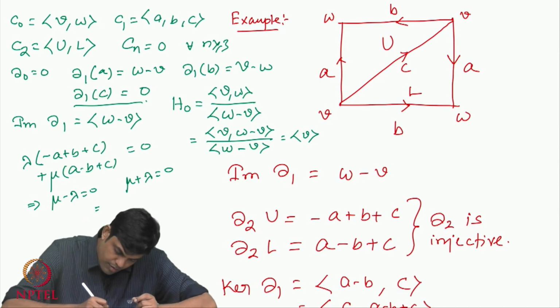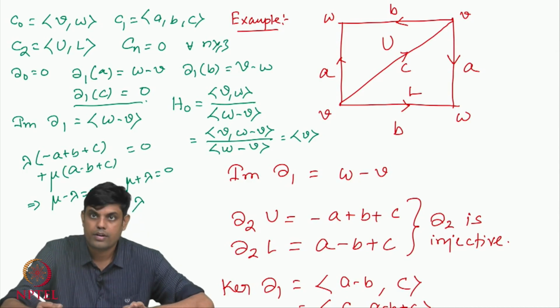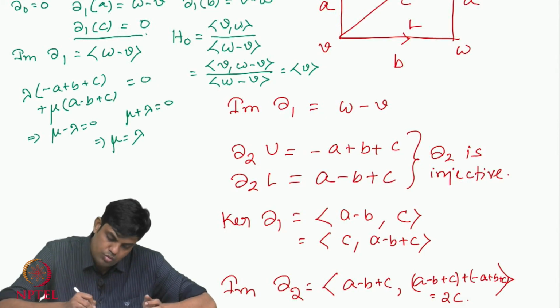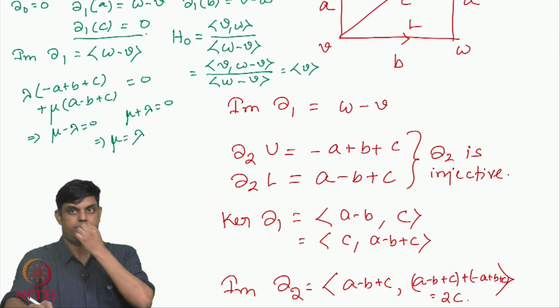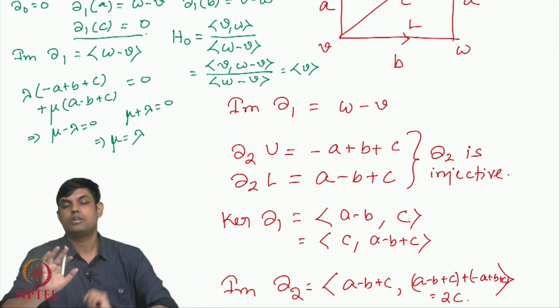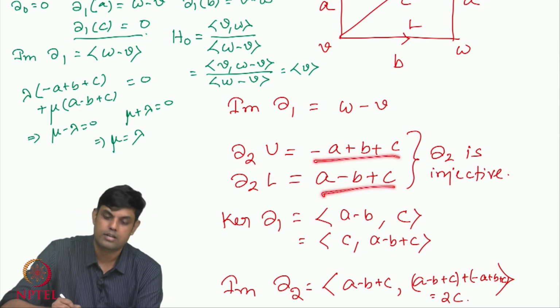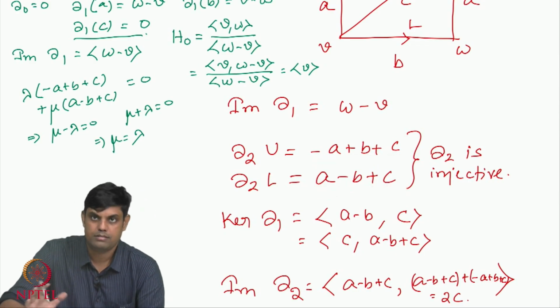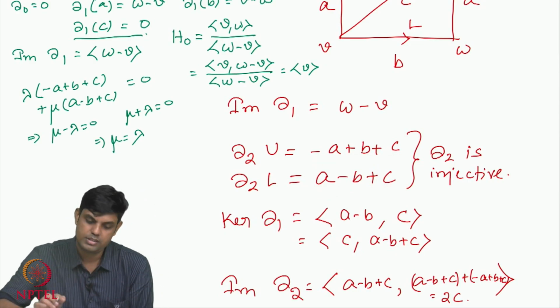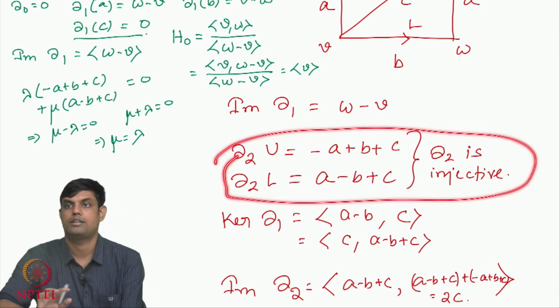So this will tell you mu equal to lambda equal to 0. Okay. So therefore, these two are different images, they are independent objects, not linearly dependent, if you want to use that terminology. Therefore, this map is injective, delta 2 is injective.